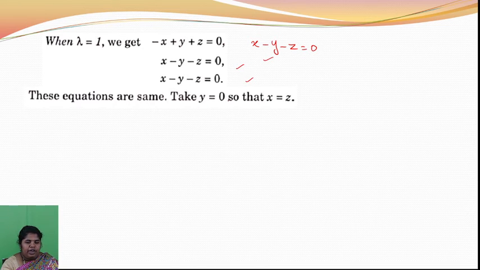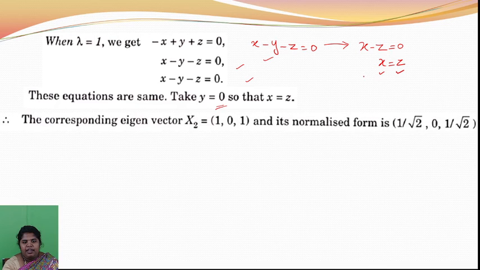So we are going to consider any one of the variables equal to 0. If we take y equal to 0, we get x minus z equal to 0, which implies x equal to z. Therefore, the two elements x and z of the eigenvector are same.